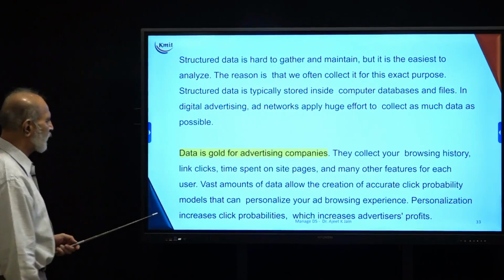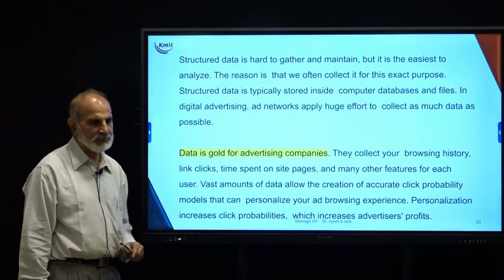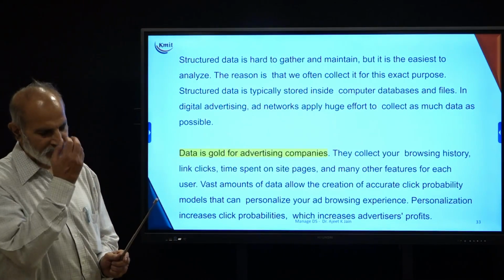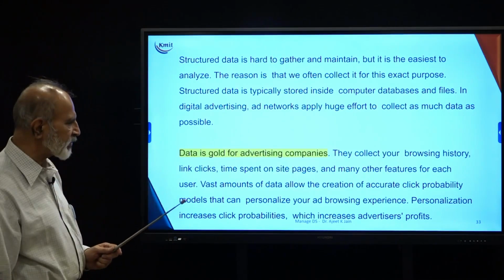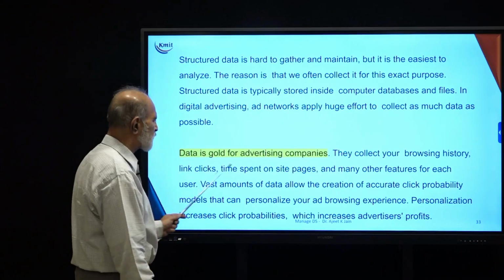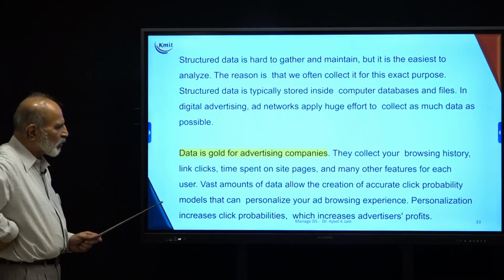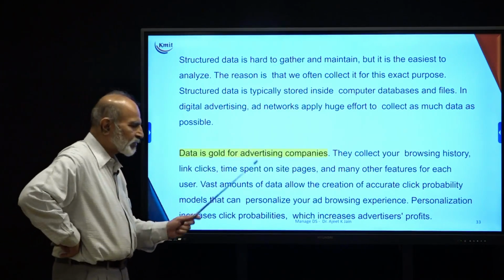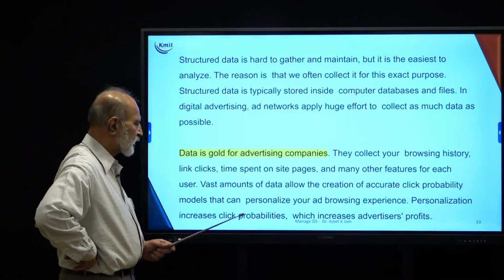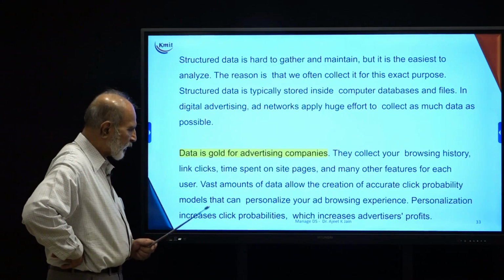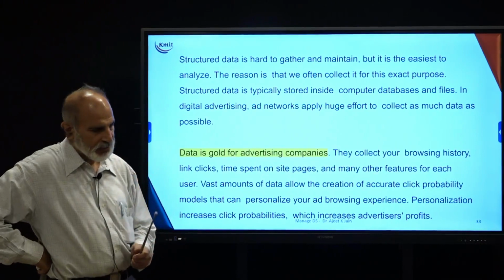So we say data is gold for an advertisement company. Data is very important for an advertising company. For example, people would like to see which kind of advertisement when a match is going on. Suppose a cricket match or a football match is going on, which kind of advertisement will people like to go for. So naturally, people will go for a shoe advertisement or an advertisement like Cadbury.